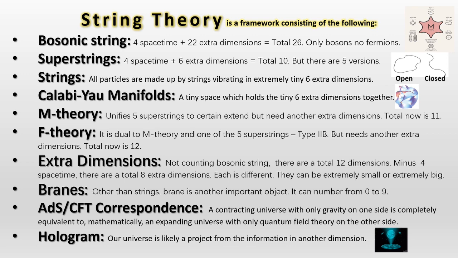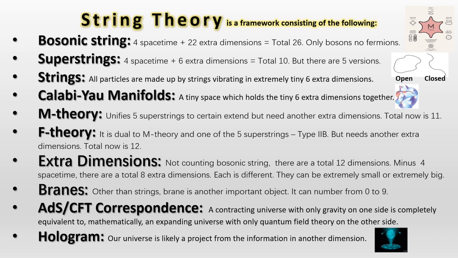String theory is not just one, two, or three theories, but is a framework consisting of many mathematical conjectures and objects. It started in 1968, where a theory which wasn't intended to be a unified theory was found to contain graviton, which is the quantum gravity everyone was looking for. This is called the bosonic string theory.